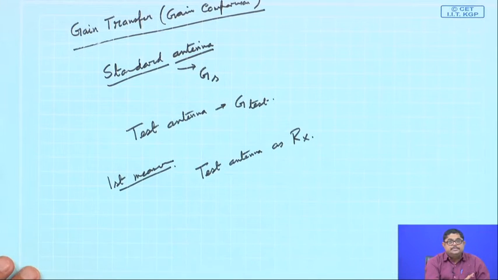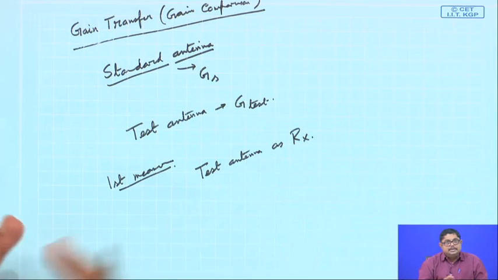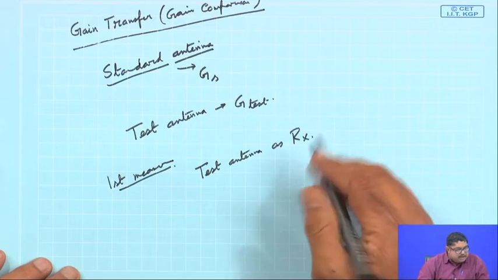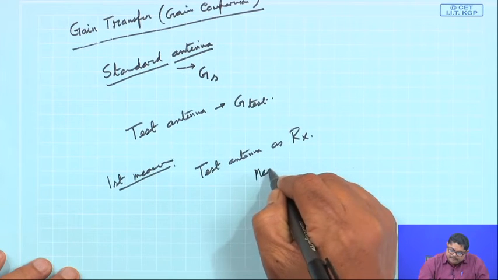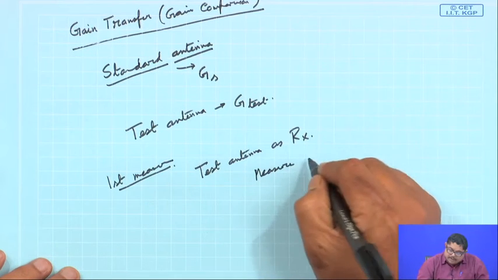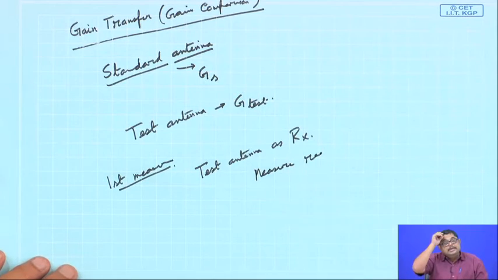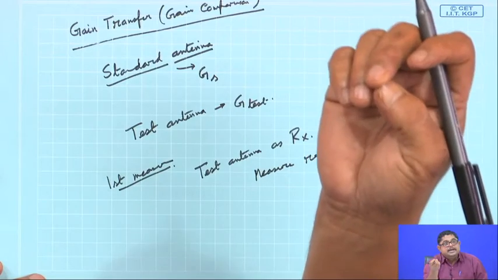There should be a transmitting antenna, which you should not touch. There is an arrangement with a fixed distance and all those things. Now, here you measure the received power. Actually, even if you do not have a power meter, you can just take the power from the receiving antenna and measure it even through a VSWR meter.